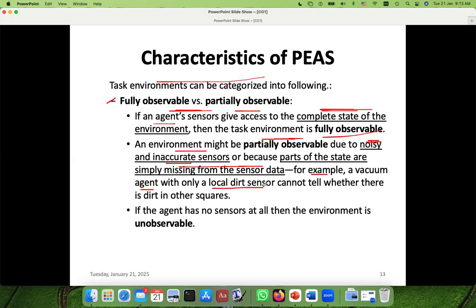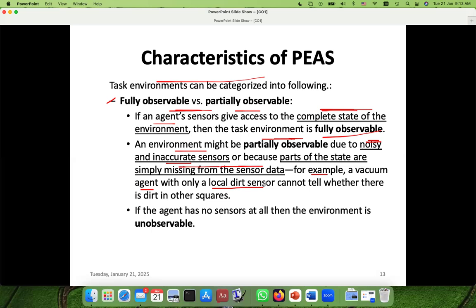It will calculate the existence of the dirt in location B through a probability value. Anyhow, simple: if your agent can read or observe or perceive each and everything in the environment, that is called fully observable. If not, that is called partially observable.